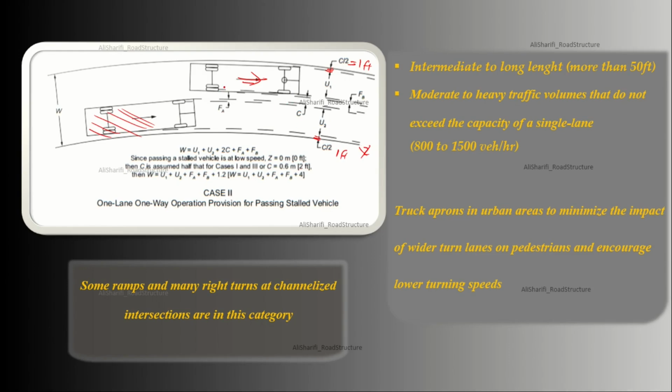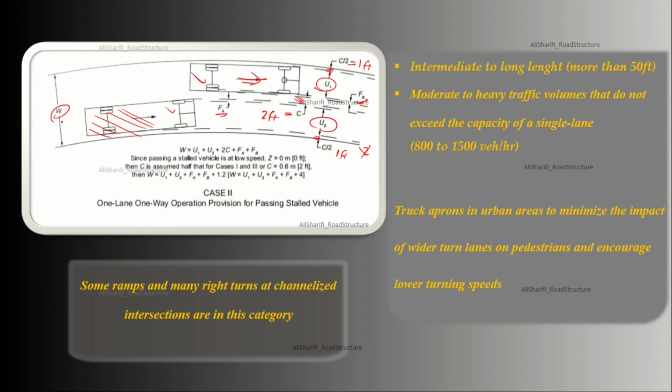Well, we have two vehicles, so we need a clearance between the bodies of the vehicles, which is in this case equal to 2 feet. The clearances plus the widths of design vehicles and front and rear overhangs make up the width of this case.